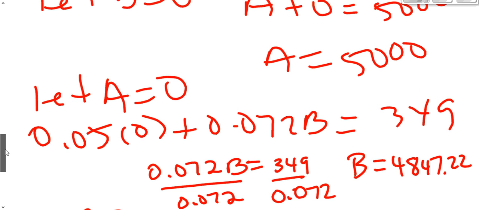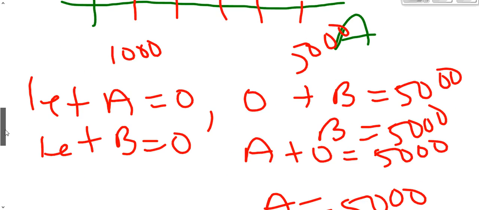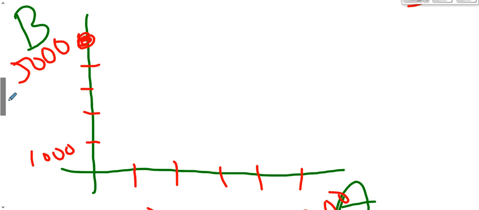So let's scroll up. So on my B-axis, I want to put this number, 4847.22. So we're going to have to approximate. 4847 is going to be like here. And on my A-axis, what was my number for A?